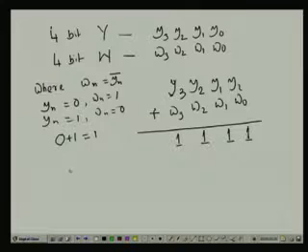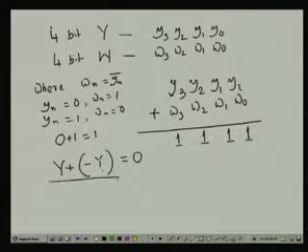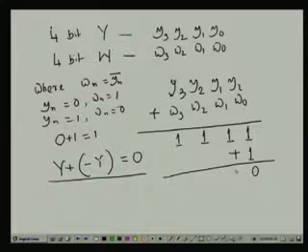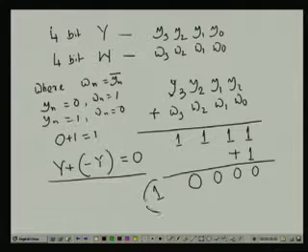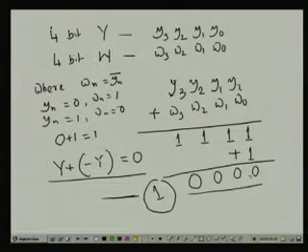Now, I want that y plus of minus y equal to 0. This should be the case. Now, if I add 1, then only it becomes 0 and a carry 1. Now, if I neglect this carry, or this overflow, if I drop this one, then my y plus w becomes 0.